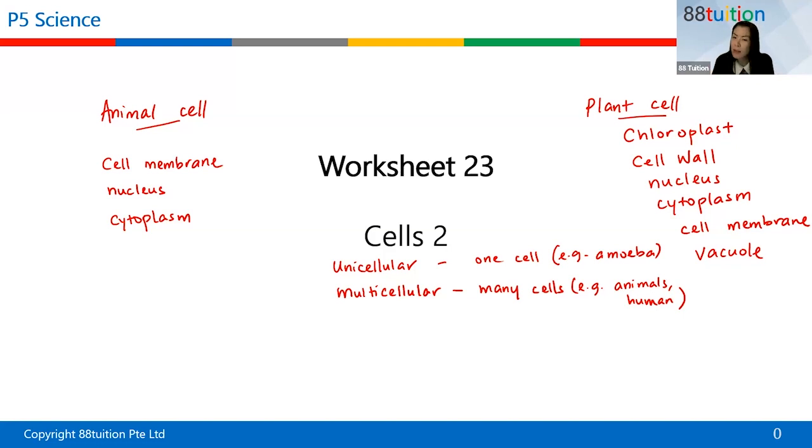Now, what is inside this list? Can you see all this: chloroplast, cell wall, nucleus, cytoplasm, cell membrane, and vacuole? I said the parts that the plant cell has but the animal cell doesn't have make it very special. Let's see.